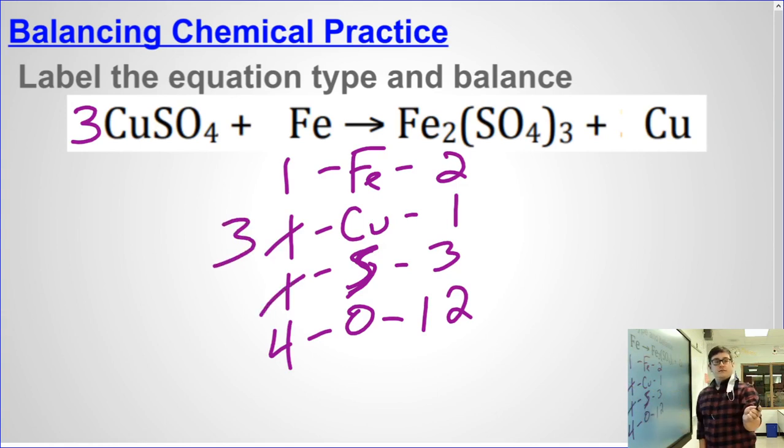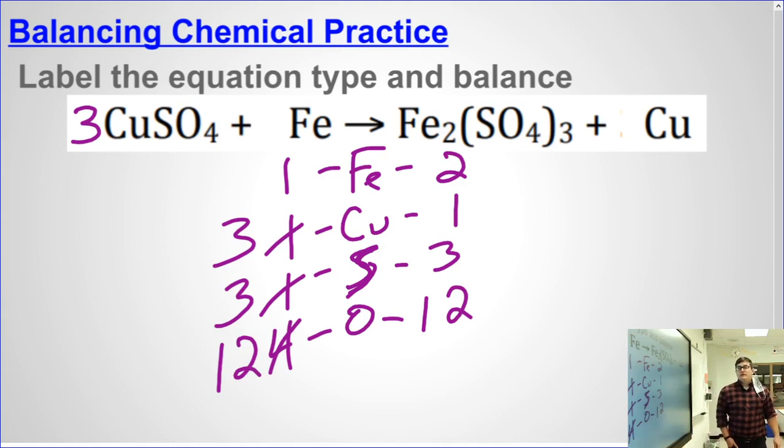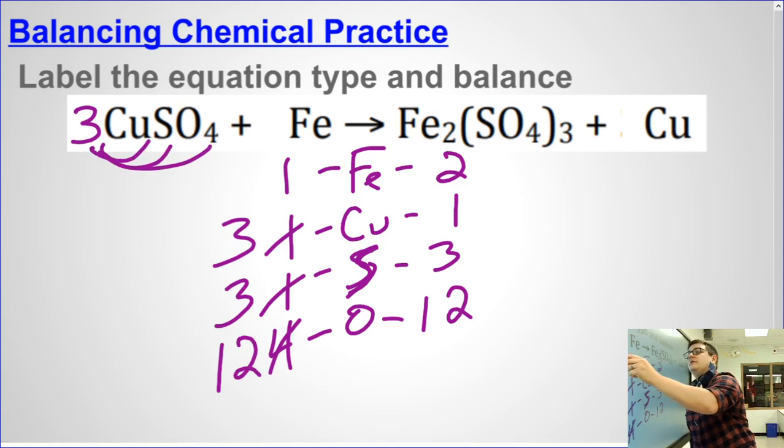How many sulfurs? 3, okay. And then how many oxygens? 12. Why did you multiply by 3? Because this 3 goes with everything. So 3 times 1, 3 times 1, and then 3 times 4. So 3, 3, and 12. Follow there? Alright, we're learning. We're mastering it. We're looking good.